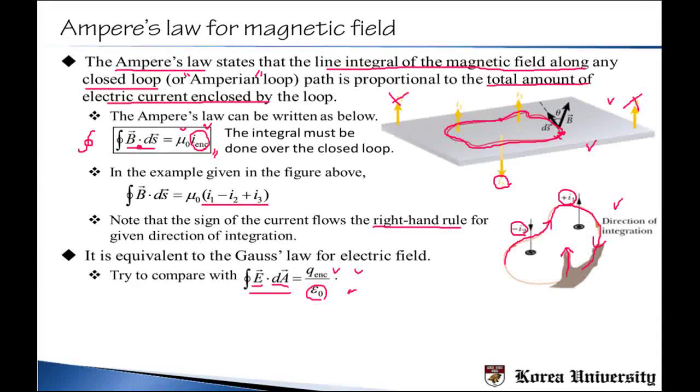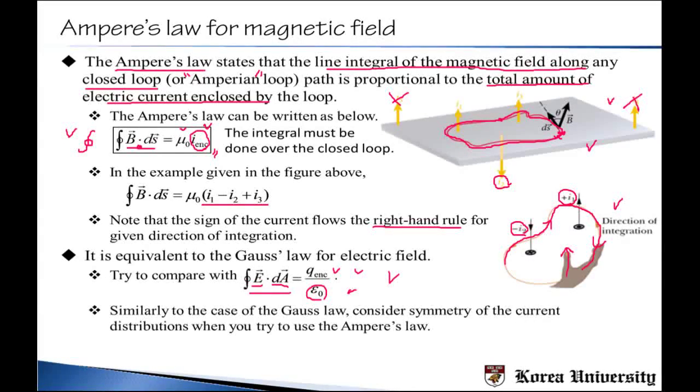So always try to compare the magnetic field case and the electric field case. Make sure you understand they look similar, but not exactly the same. There will always be some difference, but the baseline is that they are very similar. Okay, so there will always be analogies.